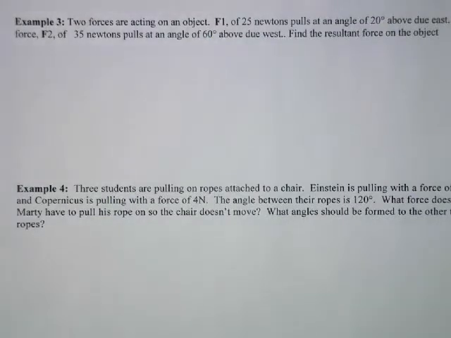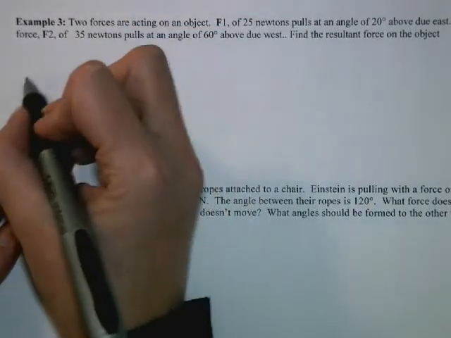Okay. Our next example is a pretty standard physics type question. Two forces are acting on an object. Force 1 of 25 newtons pulls at an angle of 20 degrees above due east. A force F2 of 35 newtons pulls at an angle of 60 degrees above due west. So let's draw these guys.